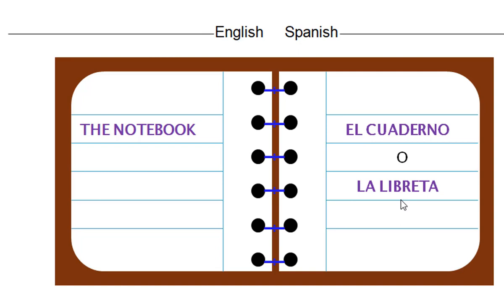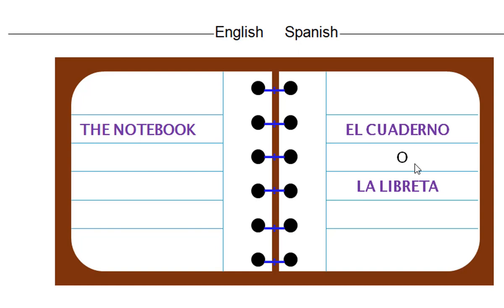Coming on to the second word for it, libreta. There's an A towards the end of the word, which makes it a feminine noun. And we want to say the notebook, so it would be la libreta. El cuaderno, la libreta. And what is this o in the middle of them? In English we say this or that.